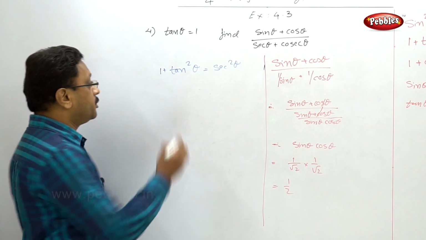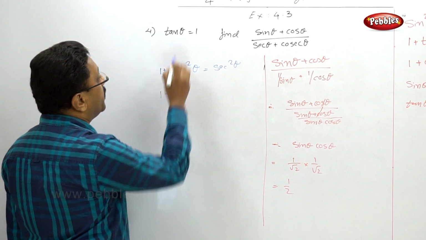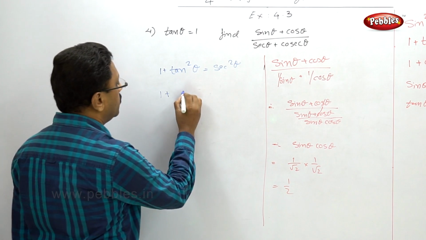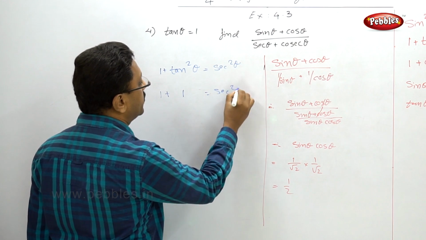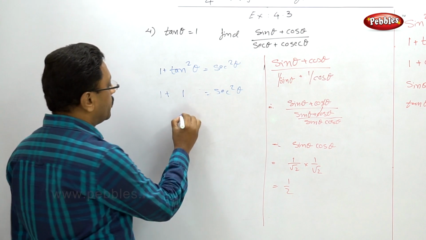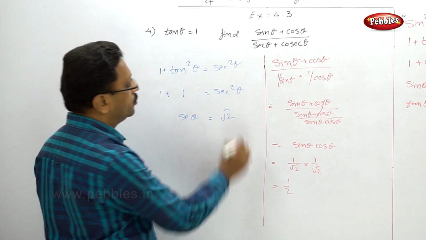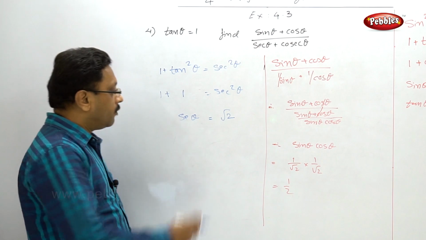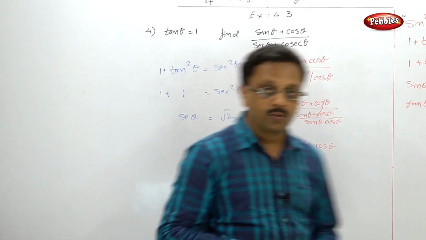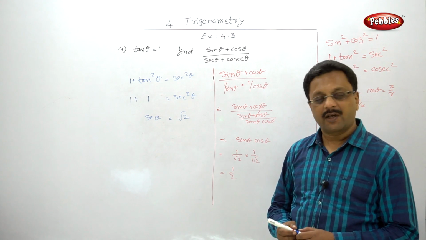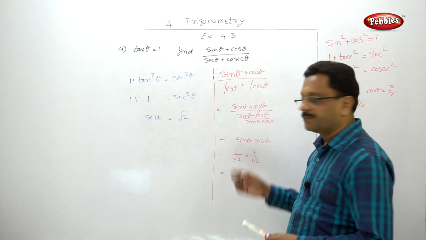So let us substitute 1 plus tan square theta. Tan theta is 1, so square of 1 is 1, plus 1 is equal to sec square theta. So my sec theta is equal to root 2. Now once the sec theta is root 2, my cos theta is 1 upon root 2. Correct? It will be same as the previous case.